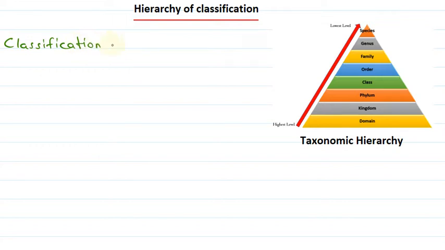So this classification is of organisms. We will be classifying living organisms. It is the systematic method of what?